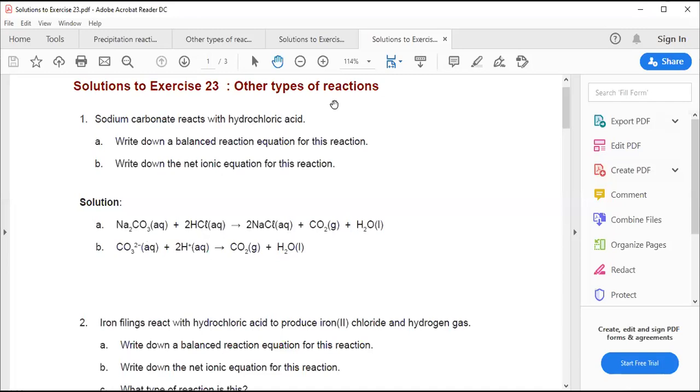Here you're not given the formula, you're being tested if you know how to write the formulas for those given substances. Plus hydrochloric acid, you do ion exchange. Sodium takes the Cl, so you get NaCl, ratio 1:1. Because it's a carbonate, now you're going to form carbon dioxide plus water.